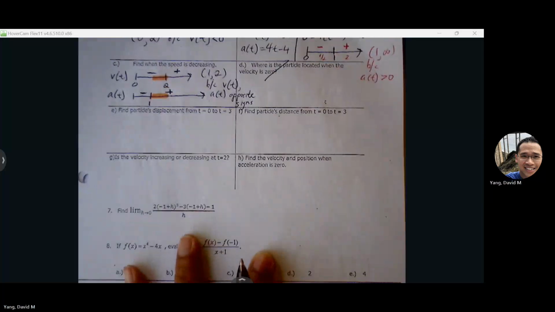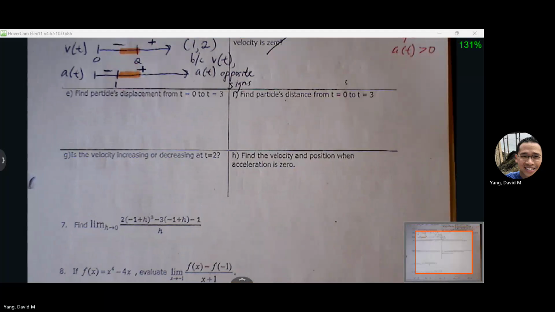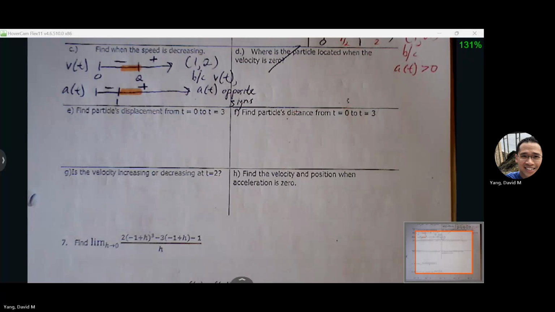Okay, let's not worry about part D. All right, find the particle's displacement. What's the formula for displacement?